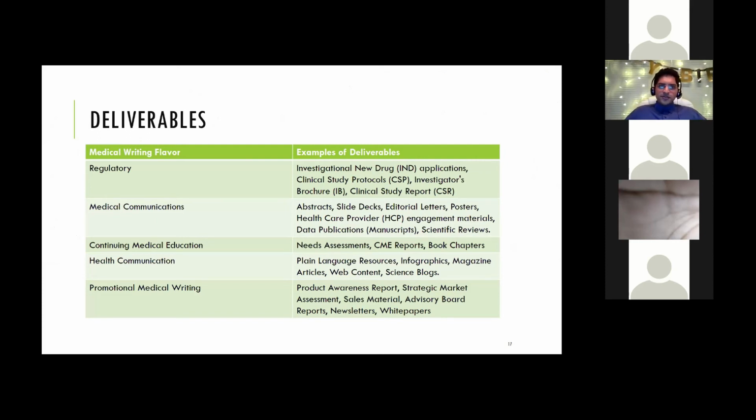All you have to do is type in the word on the left, say regulatory medical writing documents or regulatory medical writing deliverables. The same is true with other genres of medical writing as well. If you say continuing medical education deliverables or health communication documents, you can easily find a list online of the different types of documents that medical writers work on.